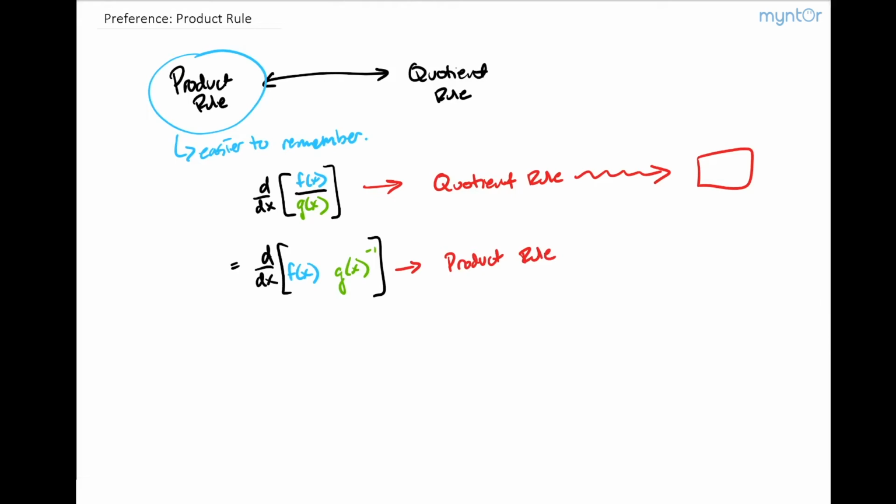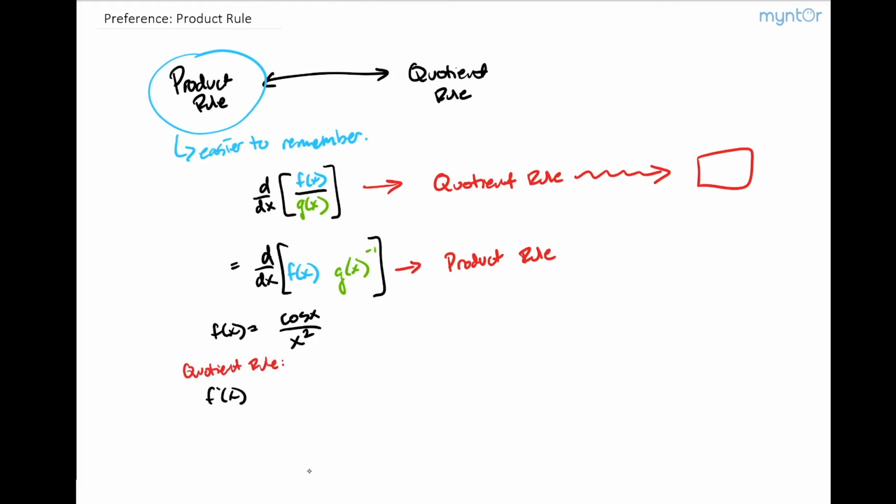So let's do a quick example where that might be the case. Let's say that we're given f of x is equal to cosine of x over x squared. If I were to use the quotient rule, well, the quotient rule goes like this.